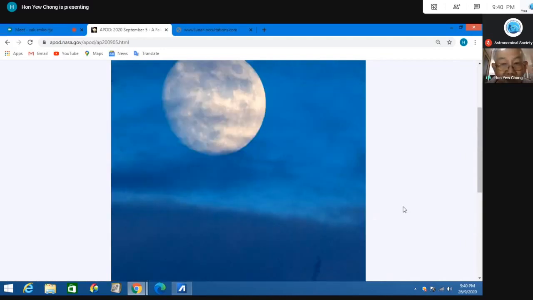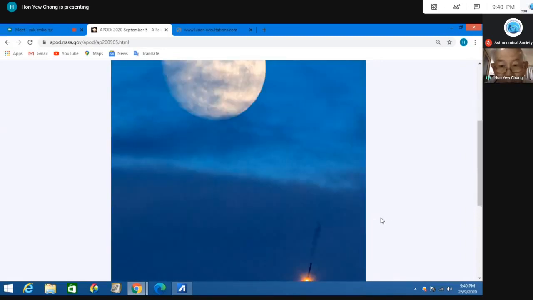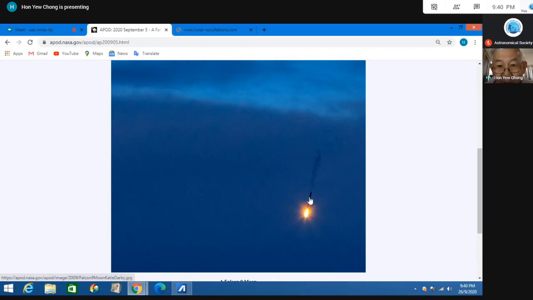Remember the Falcon 9 spacecraft by SpaceX, or Falcon 9 Heavy, also by SpaceX. The main rocket has four boosters at the bottom. The main part of the rocket will boost the Falcon 9 payload into space, but the boosters will land back onto solid ground in Cape Kennedy. This is the landing of one of the boosters.